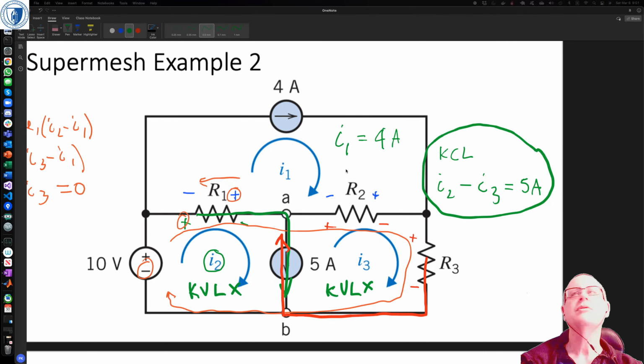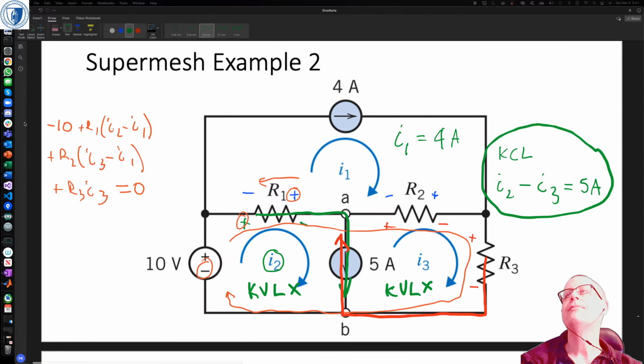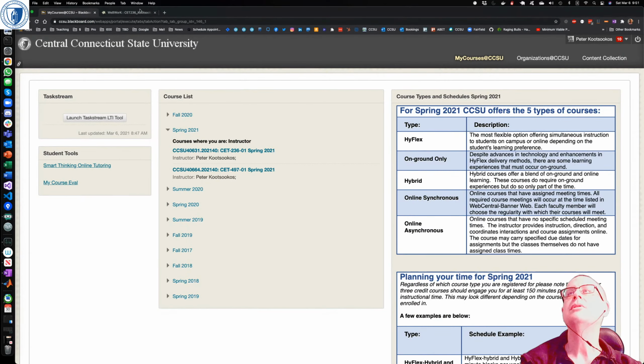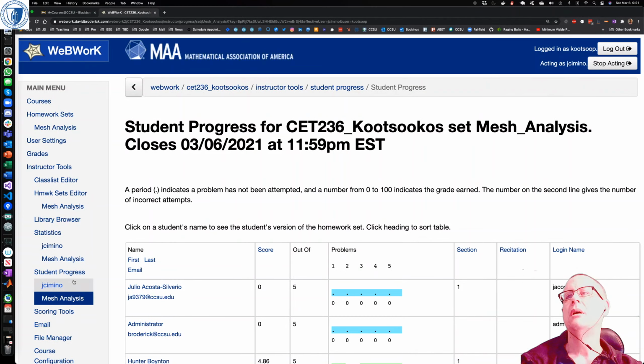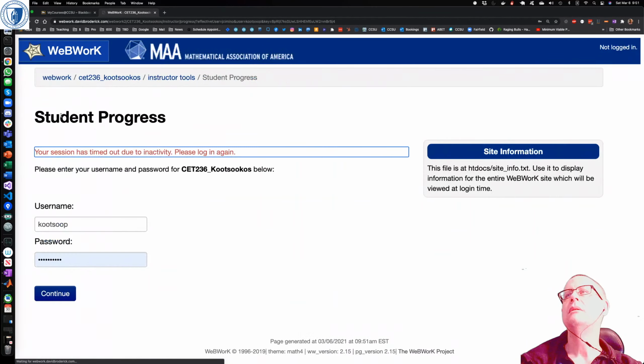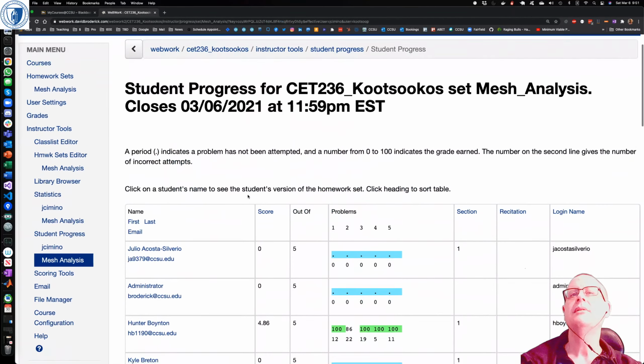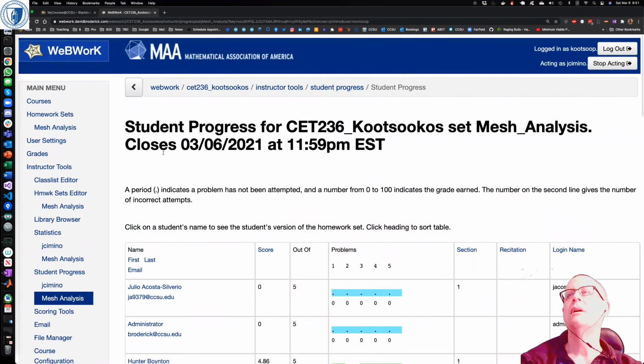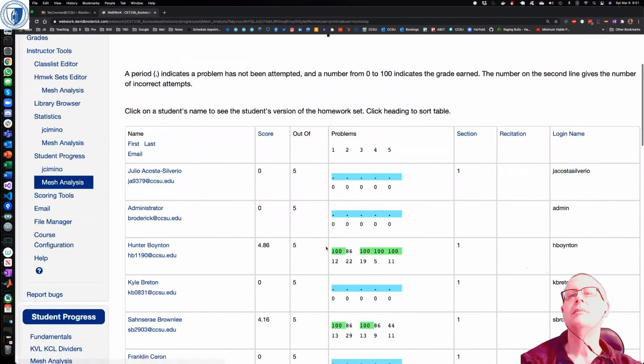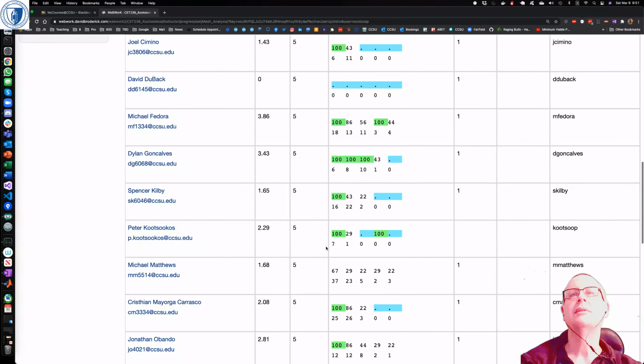Yeah, so let's just have a look at homework 4, shall we? So mesh analysis. Let's have a look at my version of it, wherever it's gone. I haven't actually finished it.